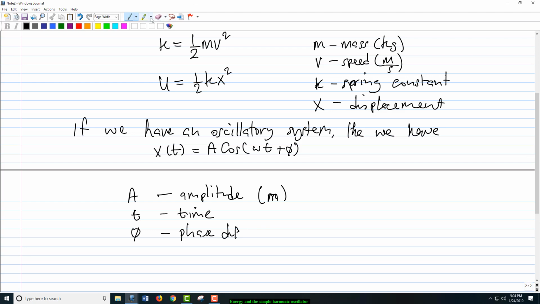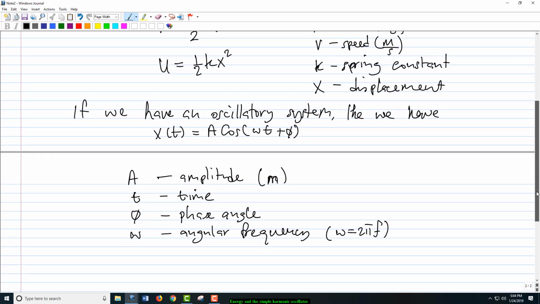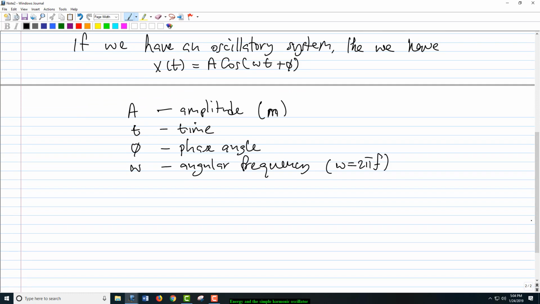Let's use phase angle. And omega is our angular frequency, where we know omega is equal to 2 pi f, where f is our physical frequency. And so we know what x of t is.